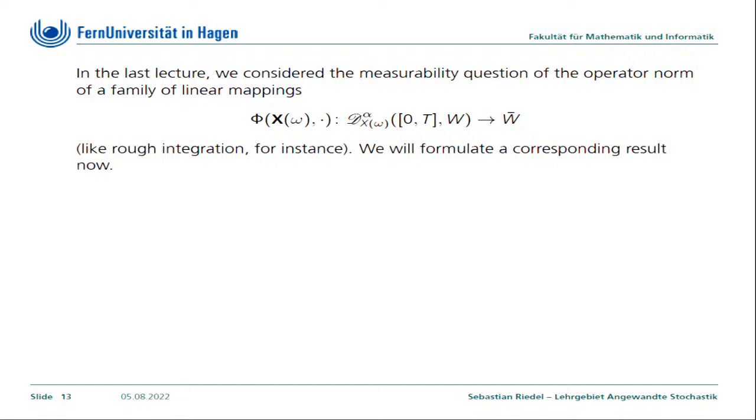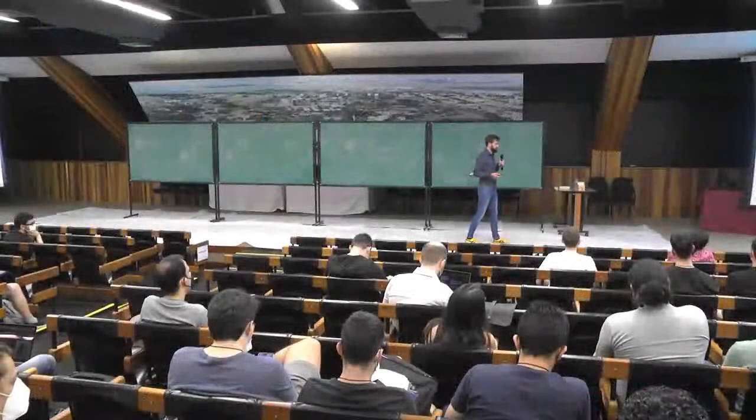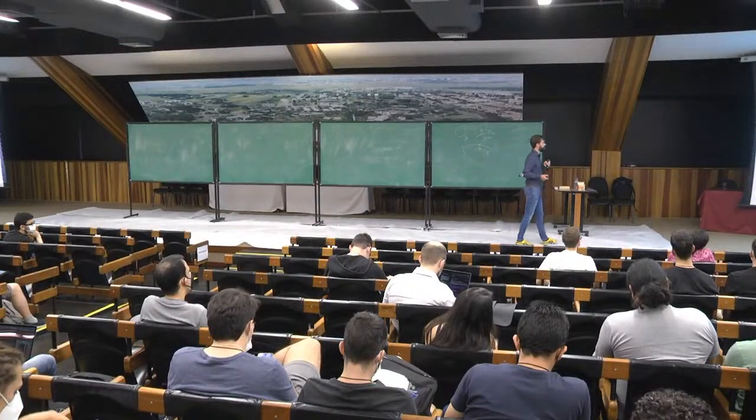You integrated a controlled path, and then what came out was also a controlled path. But when you apply this now to a stochastic process, suddenly all these spaces become random, and these maps are now defined on random spaces. And when you want to look at the operator norm, it's not so easy to see why this should be measurable. It's a random number, but it's not clear why it should be measurable.